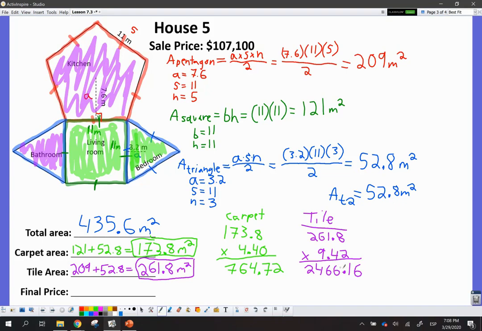So I'm going to add the cost of the tile with the cost of the carpet and add those to the sales price of the house, which is $107,100. Then I'm going to add the cost of tile, and add the cost of carpet.